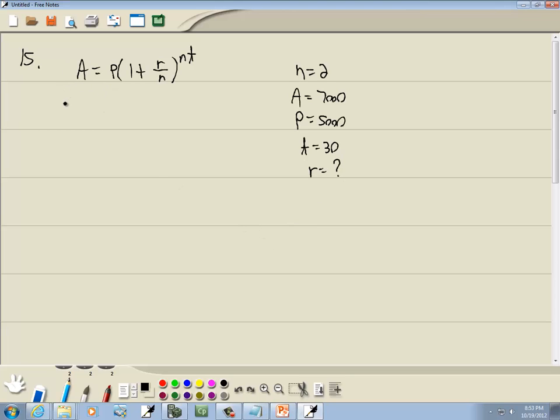Okay, so let's plug in what they give us. So we got 7,000 equals P, which is 5,000, times 1 plus R, R we don't know, over N, which is 2, raised to the NT power. So we'll have 2 times 30.